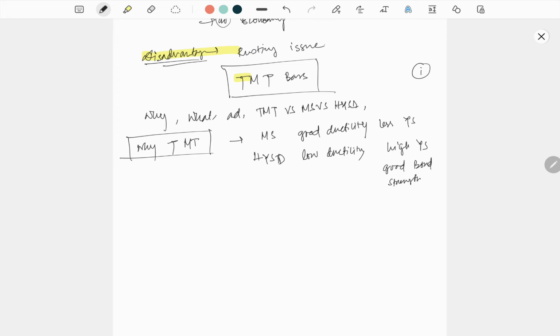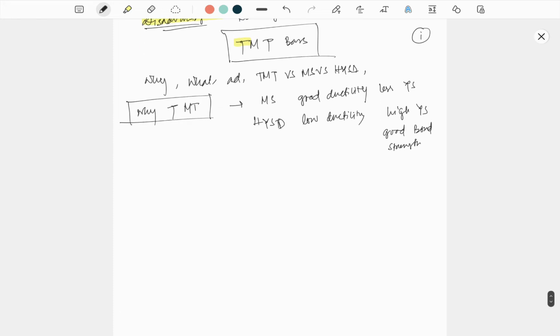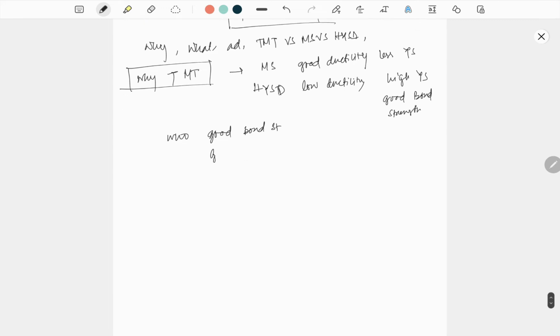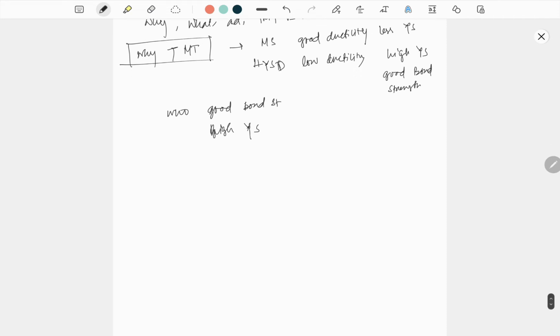But for our construction, we need such a material which has good bond strength, high yield strength, and better ductility compared to the HYSD bar.